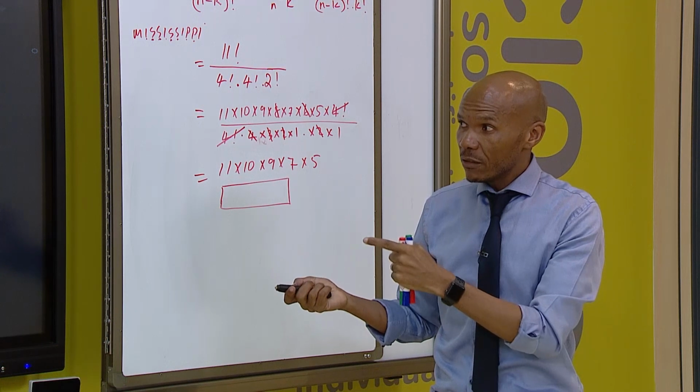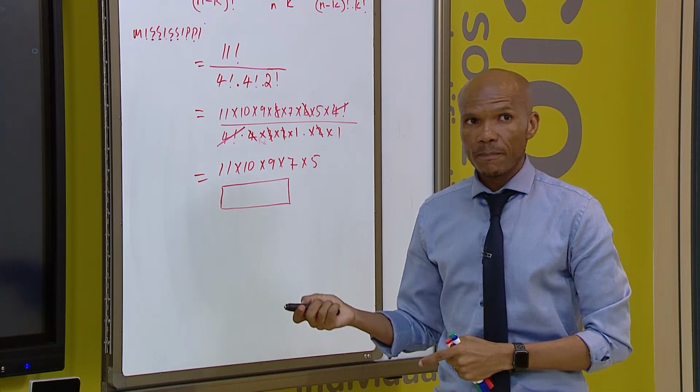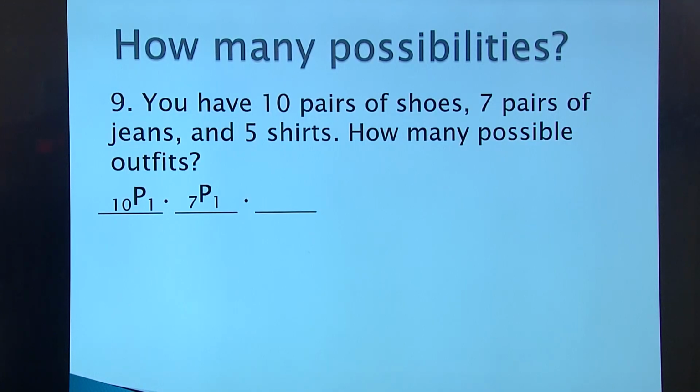So from 10, you choose 1. From 7 pairs of jeans, you choose 1. And from 5 pairs of shirts, you choose 1. And what will you have? You just multiply those possibilities, and you are going to have 350 outfits. So you see, there is no need for you to take loads and lots of clothes. You can just take this, and you go to your holiday. And from that, you will have 350 outfits.